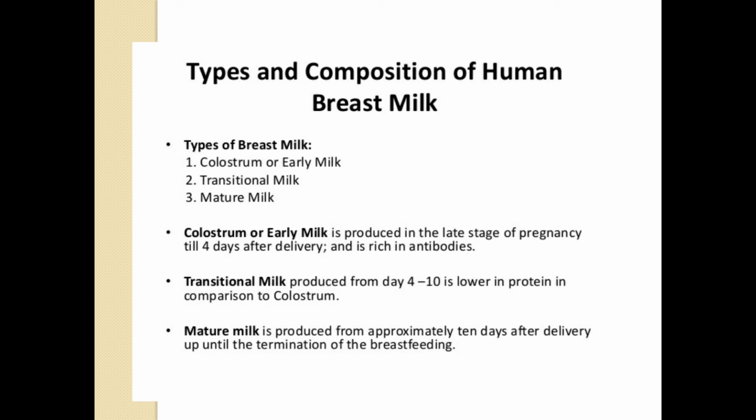The absorption mainly occurs in the jejunum. Normally the protein will be digested by the intestine, but the newborn intestine, for a short period after birth, can absorb proteins like immunoglobulins without digestion. That is very, very important for the immunity of the baby. So colostrum is produced till 4 days after delivery.